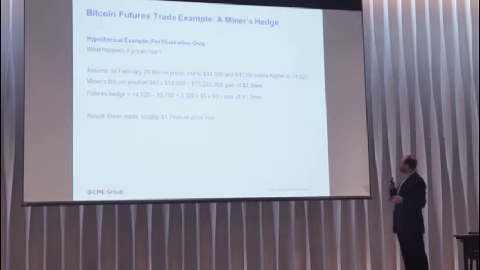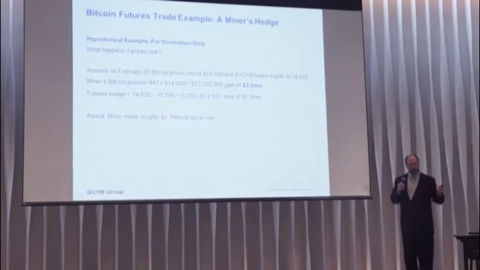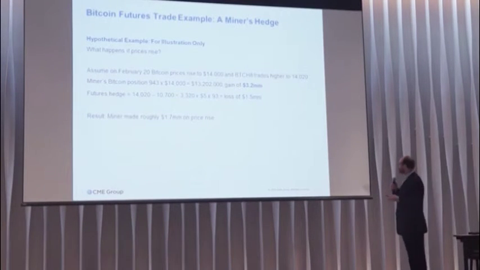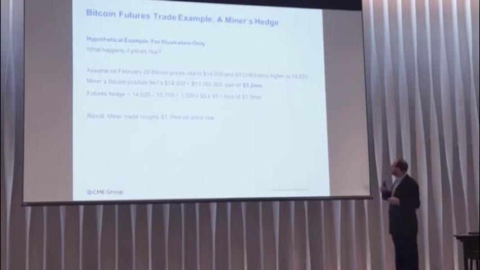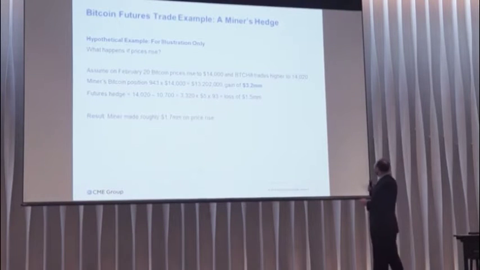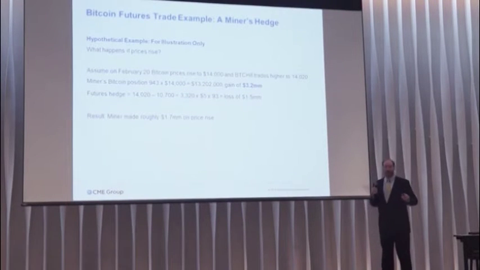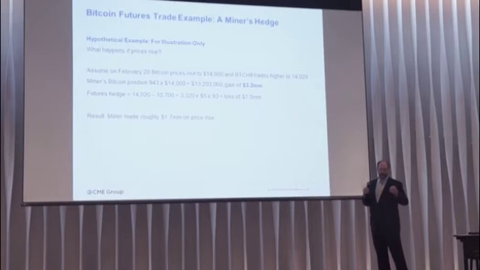The miner's total position of 943 coins is now worth $13 million, or a gain of $2.2 million on the total position. But wait a minute, the futures hedge was put on as a short position, so she lost money on the hedge.